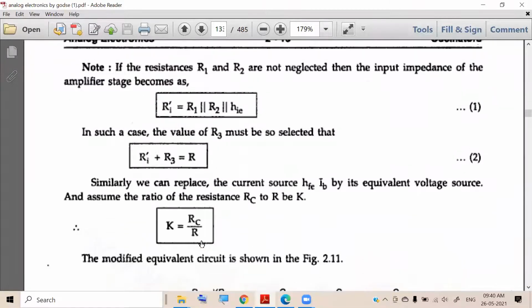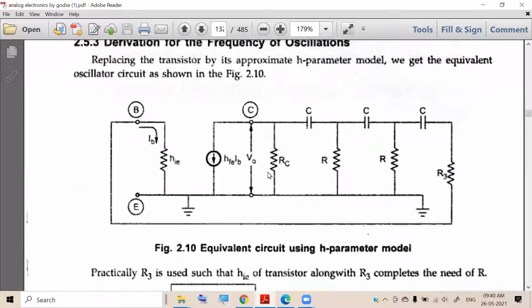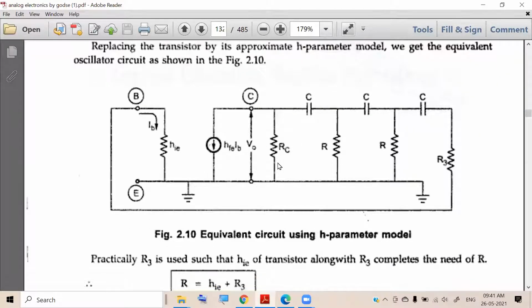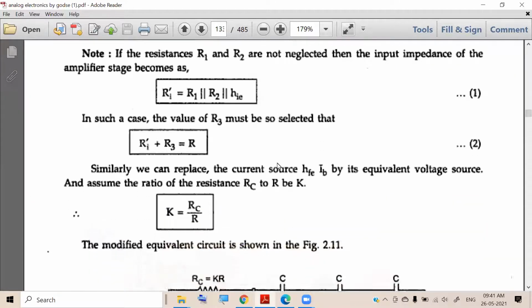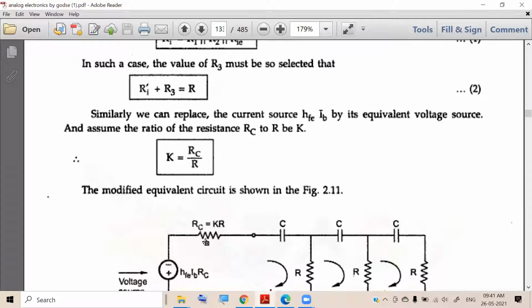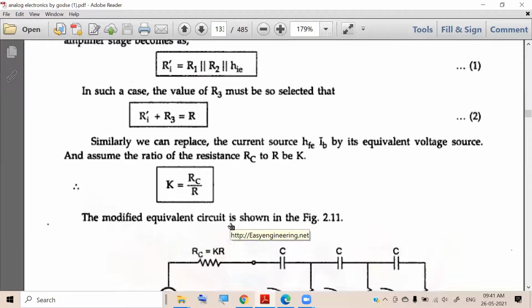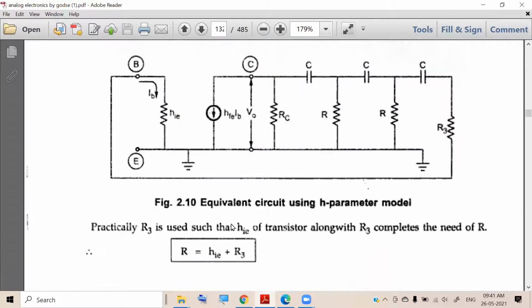Then what did I tell you? The RC value stays as it is, because we are doing source transformation and the voltage source is in series with RC. But we discussed that we will take RC in terms of R, so RC is K into R. Then what do we have next?